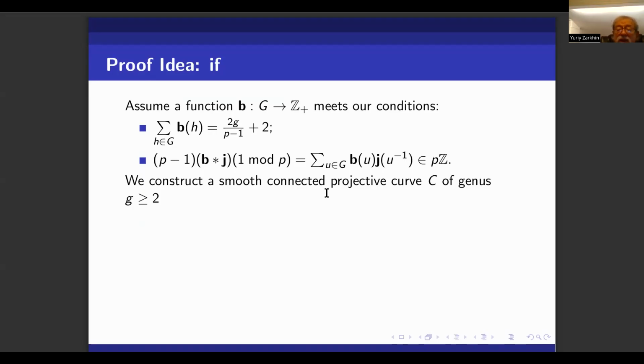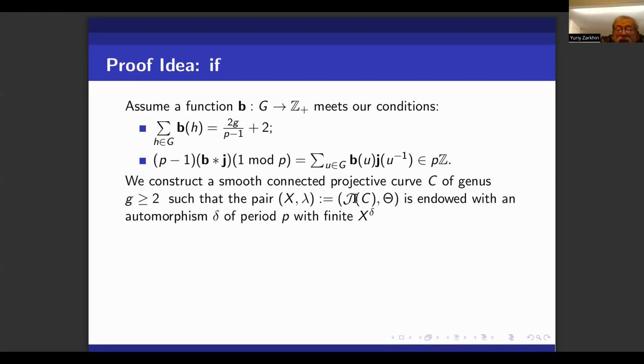Let me do the case g is at least 2. The case g is 1 is really easy. Such that the curve is endowed with an automorphism delta of period p with finite fixed point set, and our A x delta is obtained from our function b.